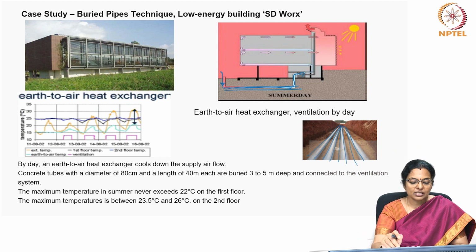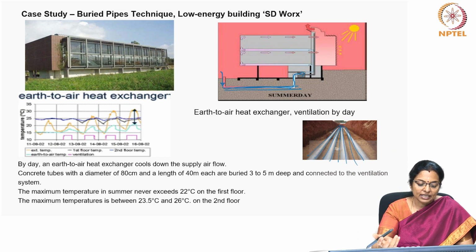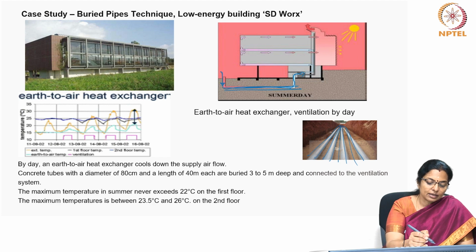And because of this, you can see the SDWorks, this is the earth to air temperature. This is the temperature of earth to air, and this is the temperature of the external climate. The external climate is this.